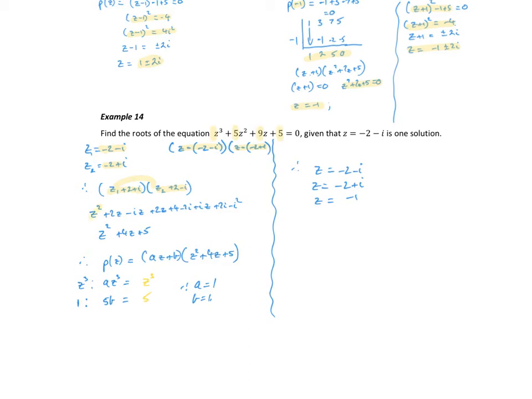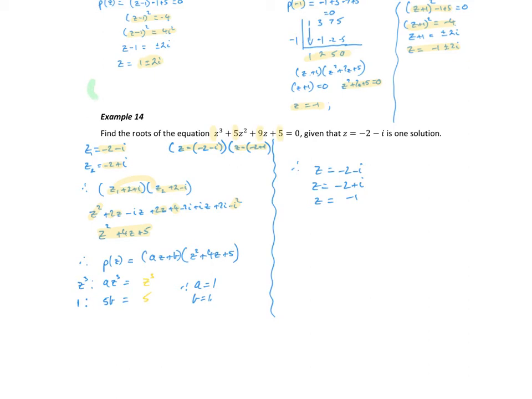So I get my z squared, I get my two lots of 2z, so my plus 4z, z plus 2 squared, but I also end up with an i squared. So whenever you multiply those together, you'll get what looks like your normal standard quadratic expansion plus the i component.